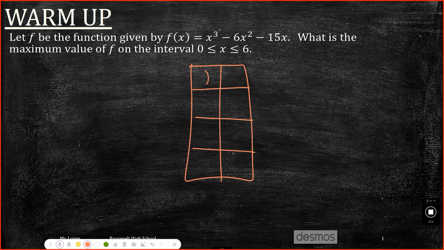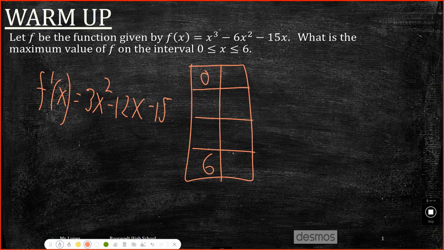So definitely gotta check 0 and 6. And then internal critical points. Equal to 0.